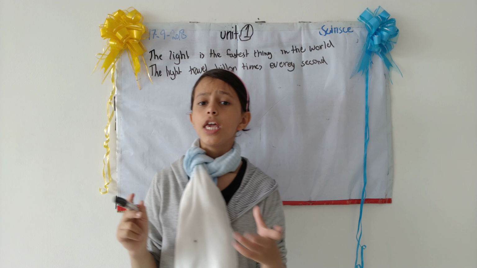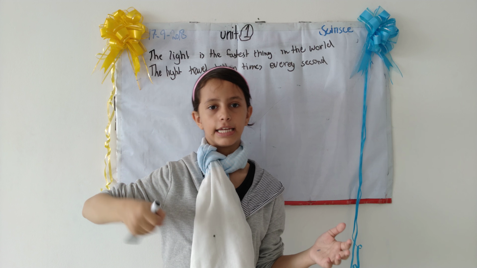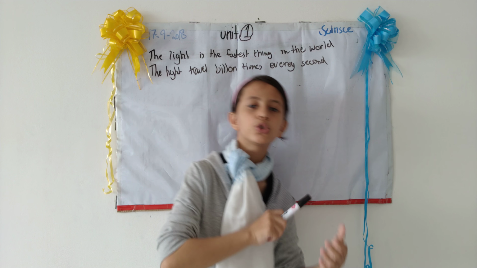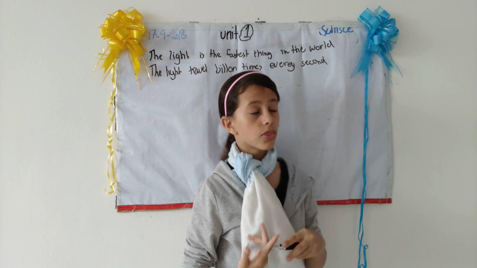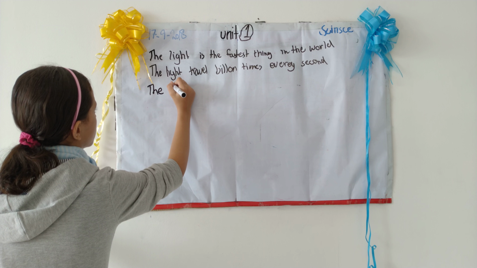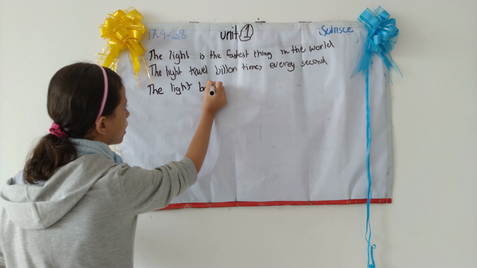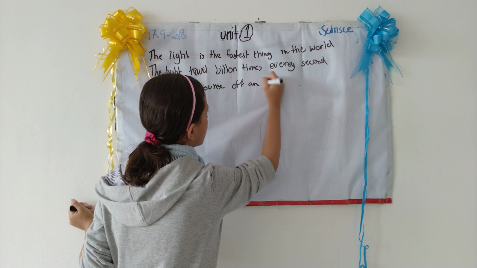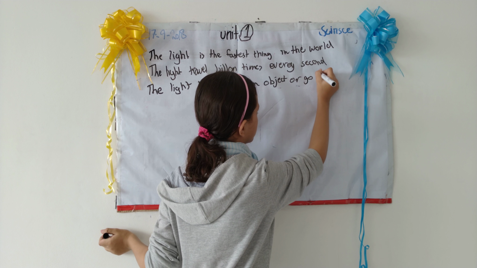For example, if we have a small mirror with 2 sides and you have a flashlight or a torch, you see the light bounce off the mirror to the wall, for example. The light bounces off an object or goes back.